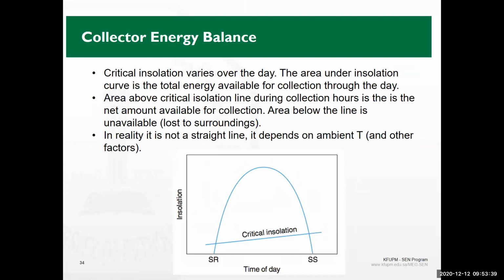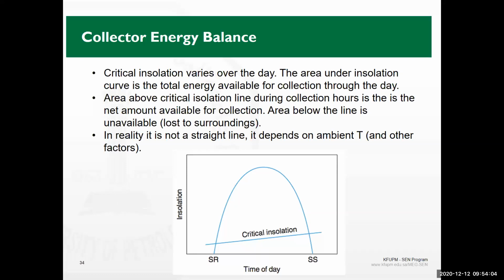When we are talking about the solar energy falling in, there is a critical value for the insolation that would vary through the day. Definitely, we know that the value of the insolation changes through the day from sunrise to sunset. The area under the insolation curve is the total energy available for the collector through the day.